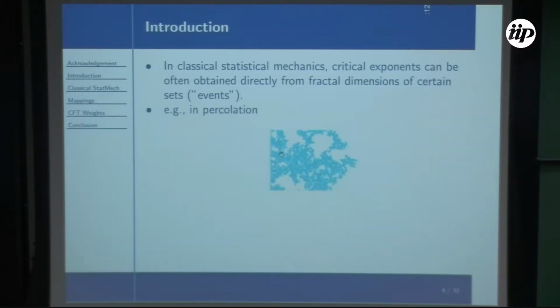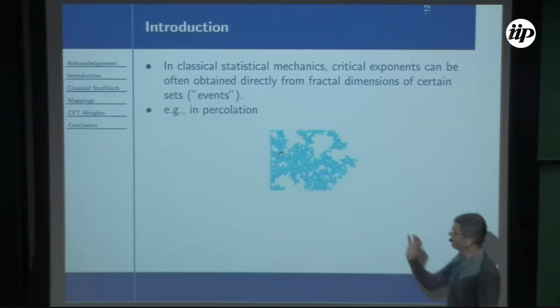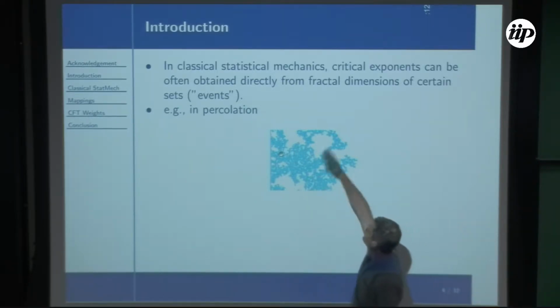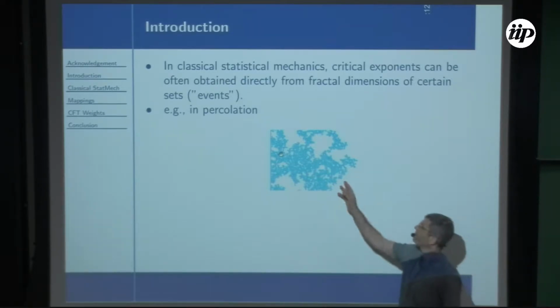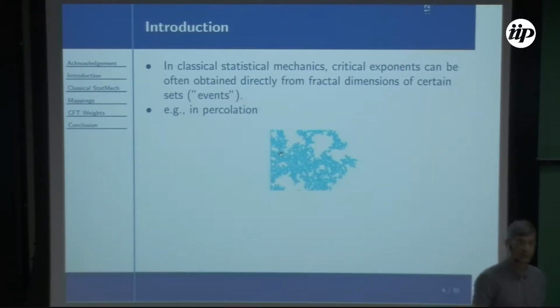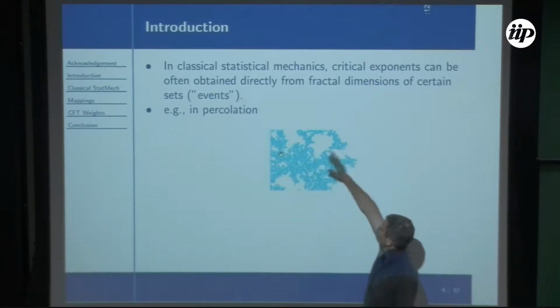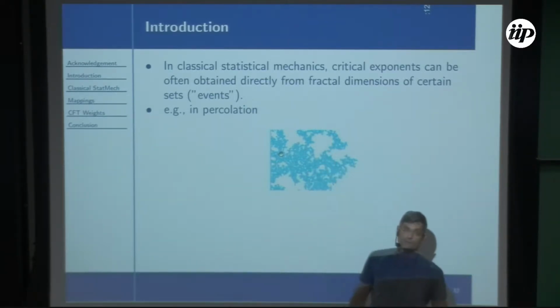For example, in percolation, we have these green and white sites that are chosen at random with some probability, such that at a certain critical probability, we get a percolating cluster throughout the system. When we change the probability of green versus white cells, the system goes off criticality, which means that for a large system, we won't see a spanning cluster from one side to the other.